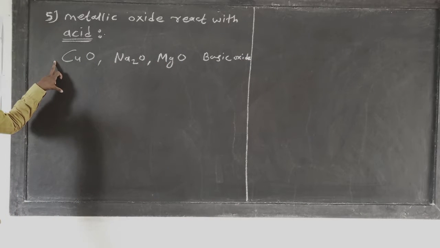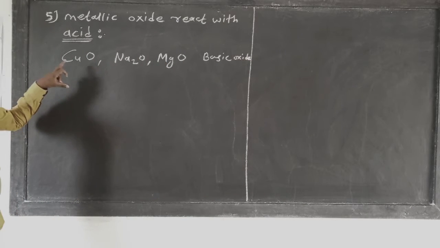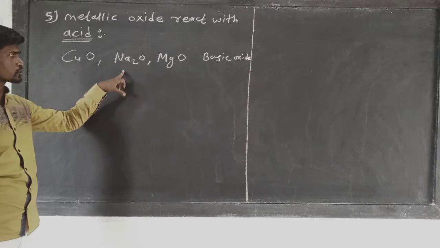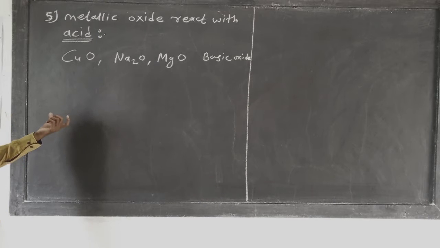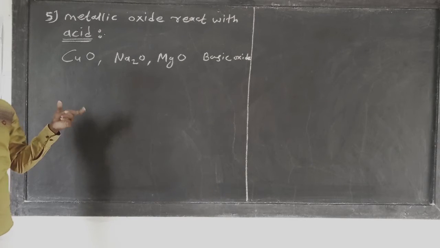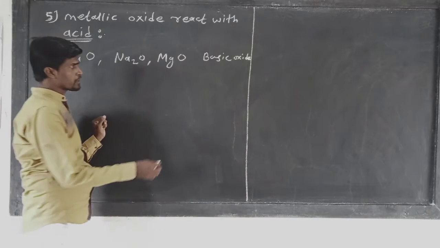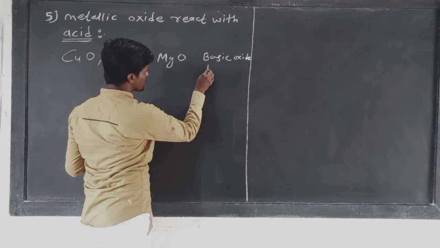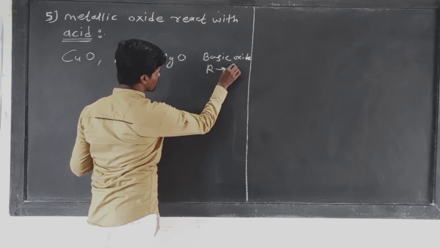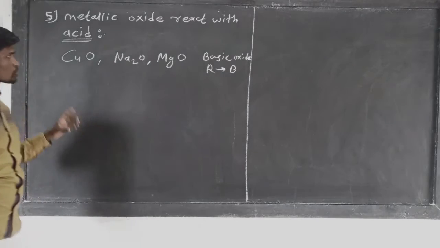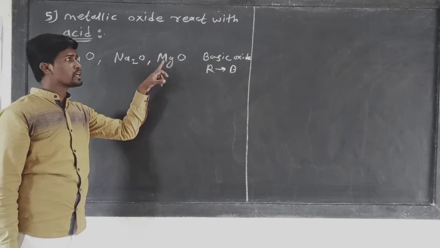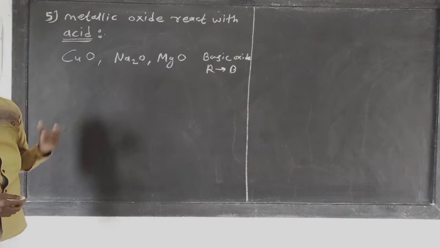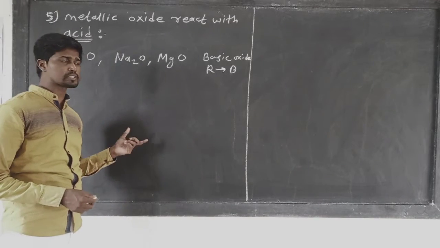Why are these called basic oxides? Because if copper oxide or sodium oxide or magnesium oxide is taken in water to prepare a solution and litmus paper is dipped, the litmus paper color changes from red to blue, and hence copper oxide, sodium oxide, magnesium oxide are basic oxides, and a basic oxide reacts with acid.